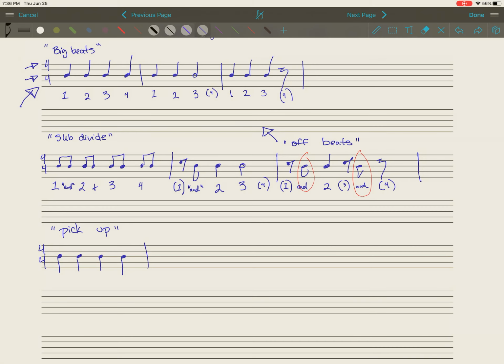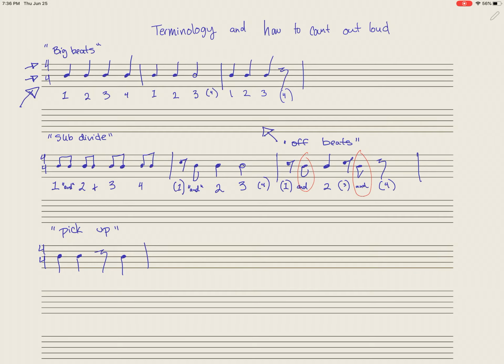I'll show you what this might look like. So this is an example. Okay, so here are a few examples of pickups.